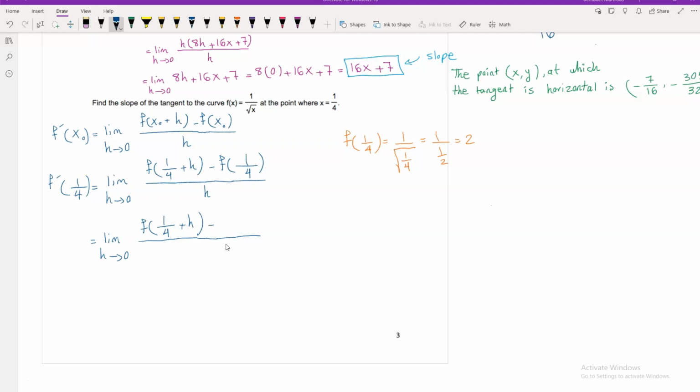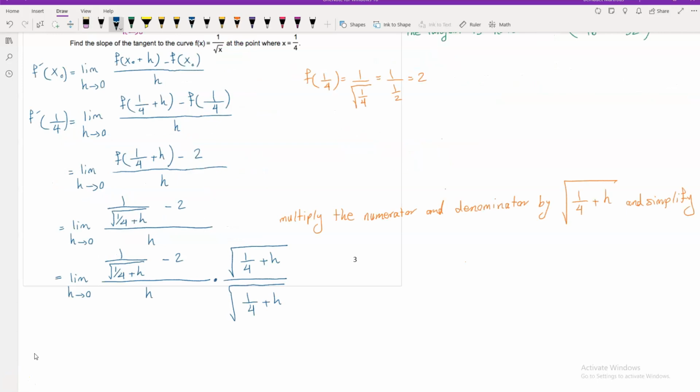So using 1 over 4 instead for x in our function, the answer is 2 divided by h. Multiply the numerator and denominator by the square root of 1/4 plus h and simplify.